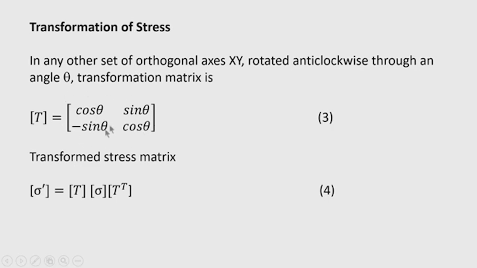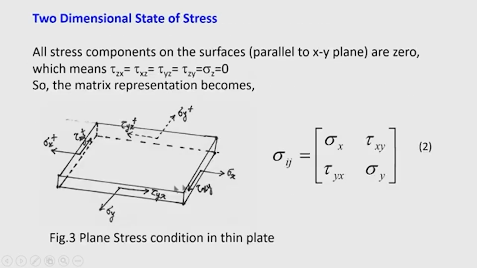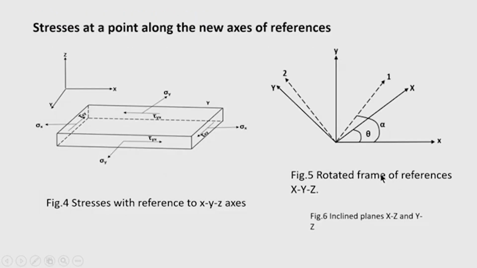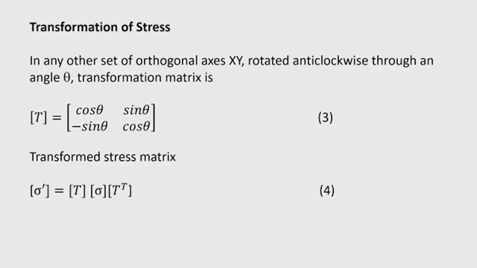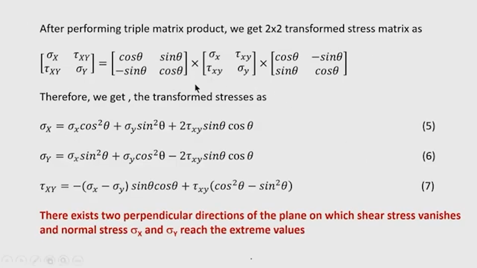So, if you perform the triple product, the T matrix is shown here and the sigma matrix is shown here: sigma x, tau x y, tau y x and sigma y. If you perform the triple product, then you will get the transformed quantities.